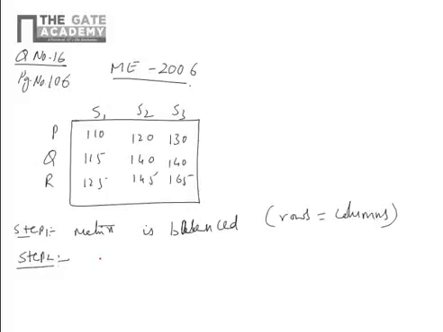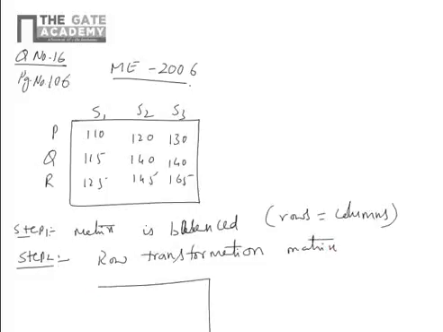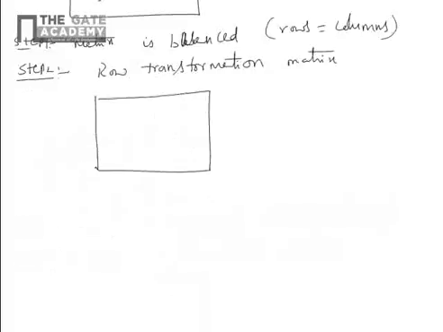Then first calculate the row transformation matrix. The row transformation matrix is calculated by selecting the minimum value in each row and subtracting it from all other values in that row. For example, take the first row, the minimum value is 110. Subtract that from 110, 120 and 130.